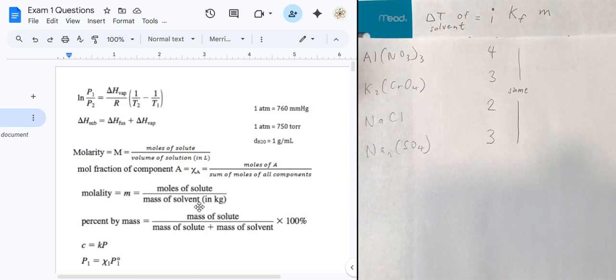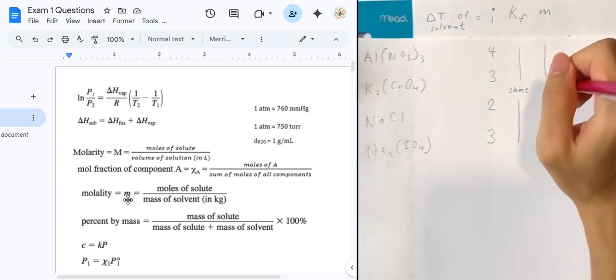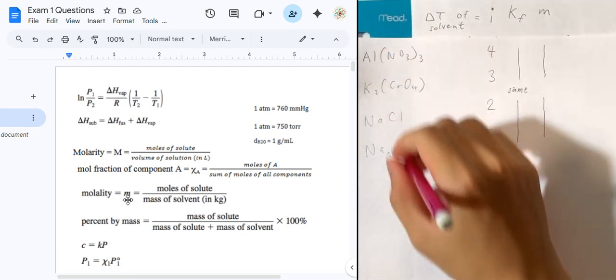So the mass of solvent is probably the same. So molality is probably the same for each of these as well.